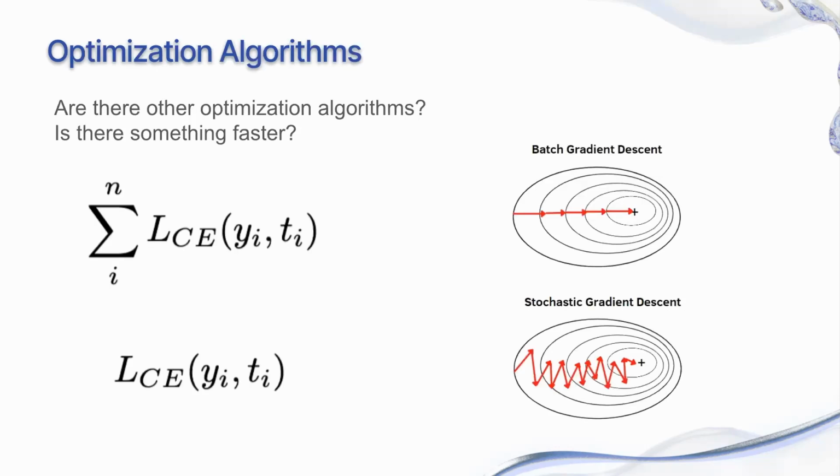And then for stochastic gradient descent, instead of updating based on summing all of your training examples, you only pick one example to then update your weights.